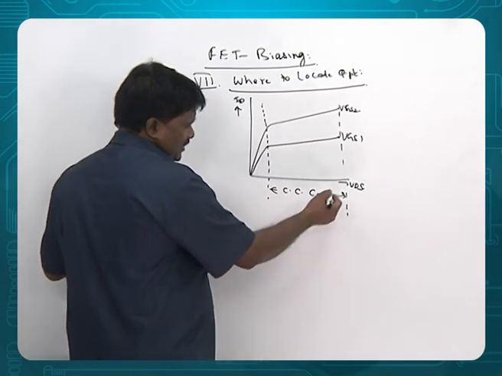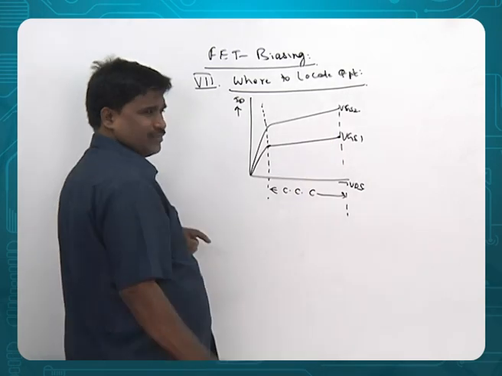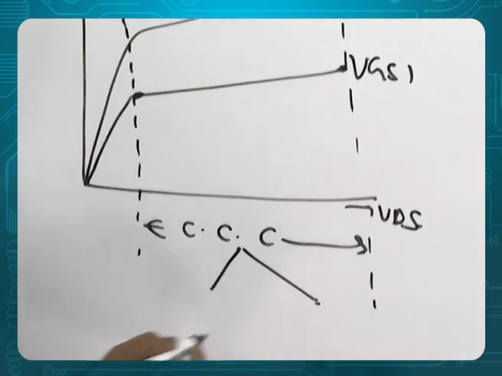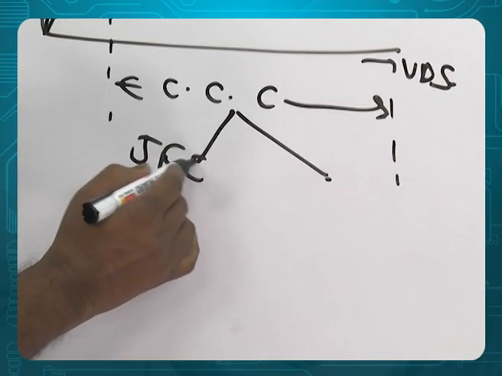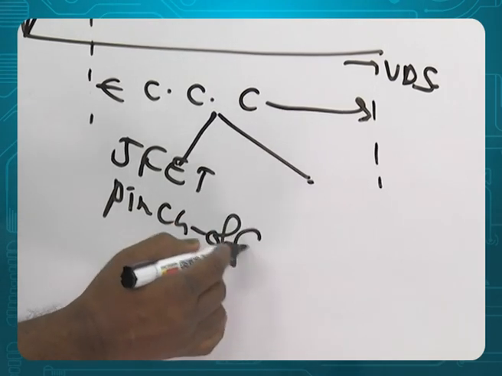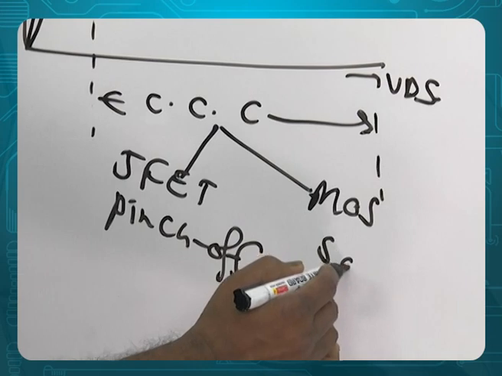It's called constant current characteristics because the current is constant there. You have two aspects here. If it is JFET, we call it as pinch off. If it is MOSFET, we call it as saturation region.